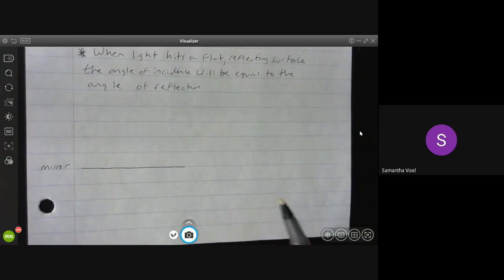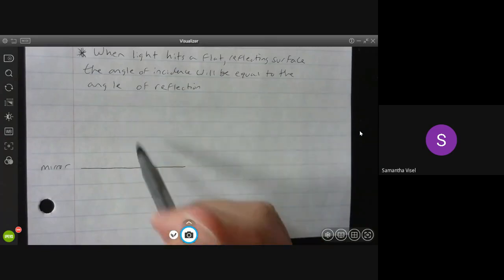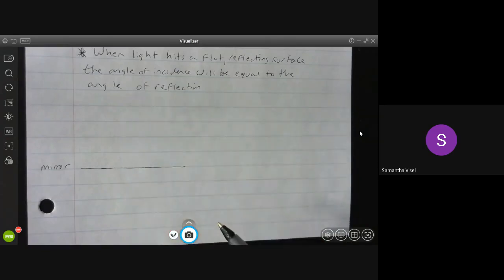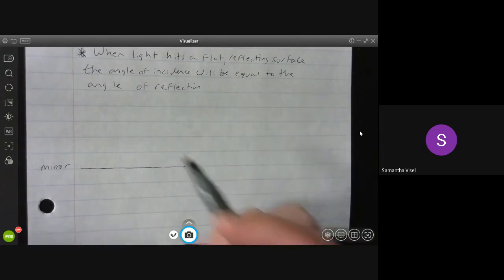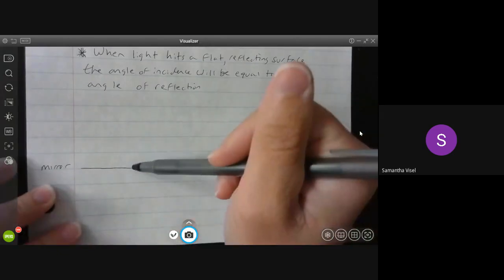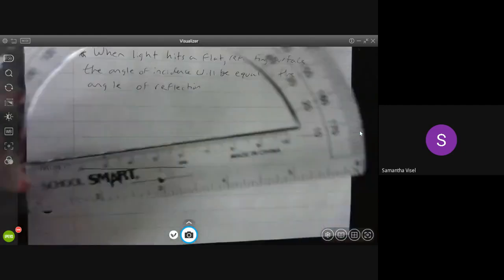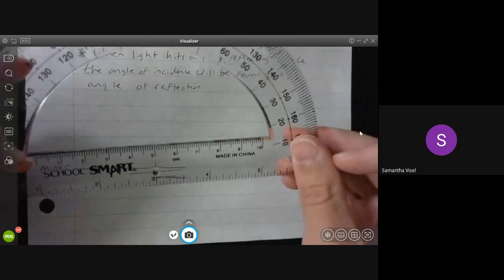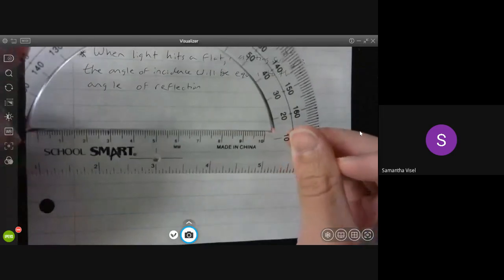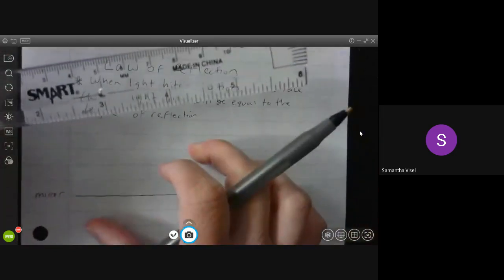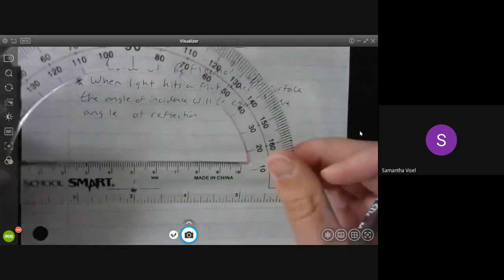Now in order to analyze the law of reflection a little bit easier, we're going to draw a dashed line that is perpendicular to the mirror surface. So we're going to grab one of our protractors now. So everybody take a second to grab one of those just so we have as perpendicular of a line as possible.